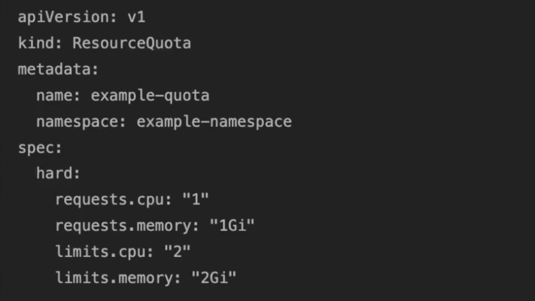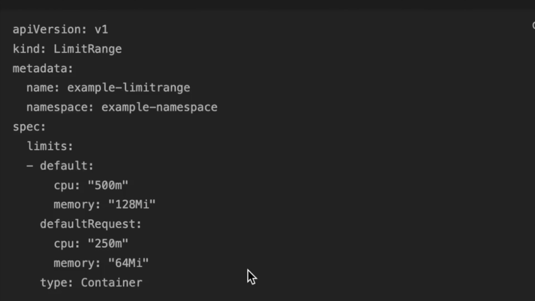In this example, the namespace collectively doesn't exceed 1 CPU and 1 GiB of memory in requests and 2 and 2 on the limits. That is something you're controlling across the whole namespace. You can also use default requests, as in that example, where you can say I want a fair distribution across the pods within the namespace. In some cases, this can be useful.